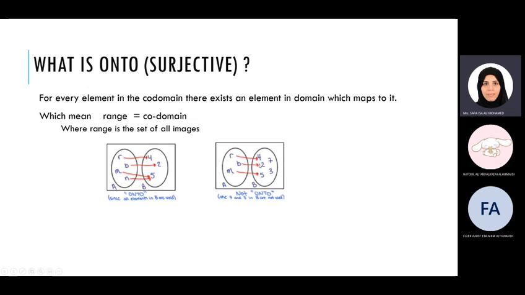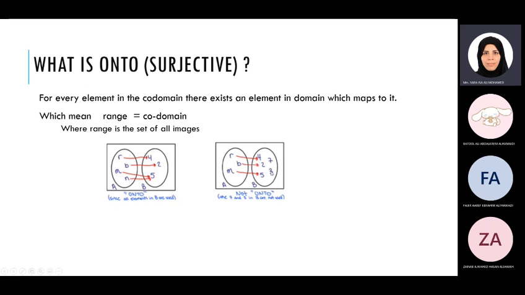So we have only 4, 2 and 5 as our range, while the codomain is the whole set: 4, 2, 5, 7 and 3. Whenever I have an element in the codomain that is not connected to an element in the domain, it means it is not onto. So it is very important to know what your domain is and what your codomain is.